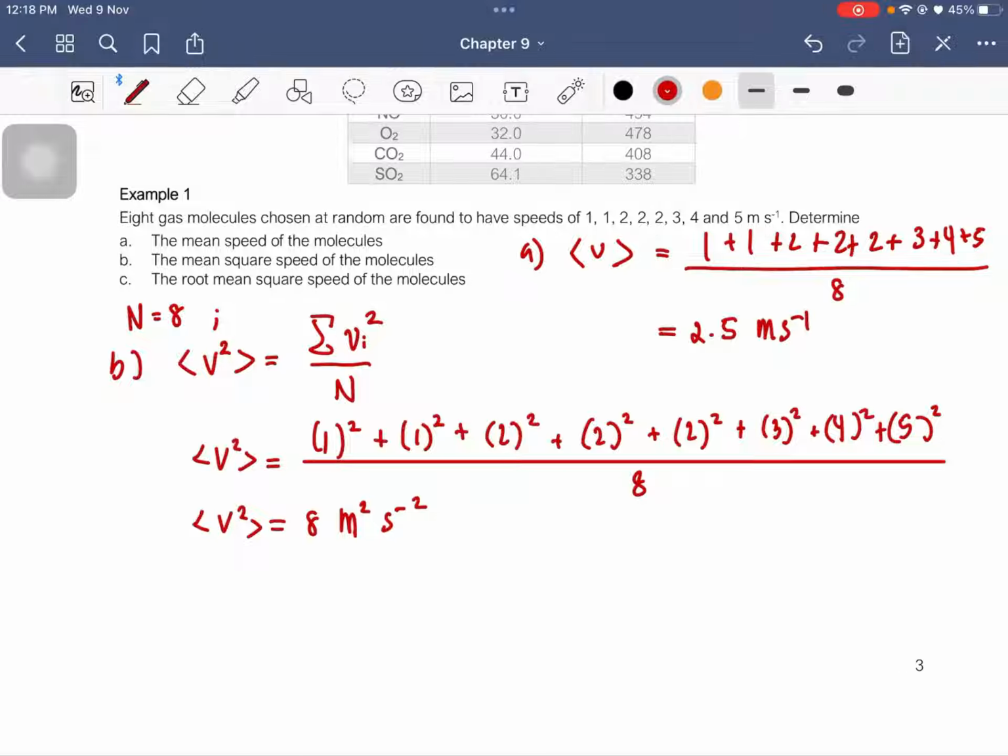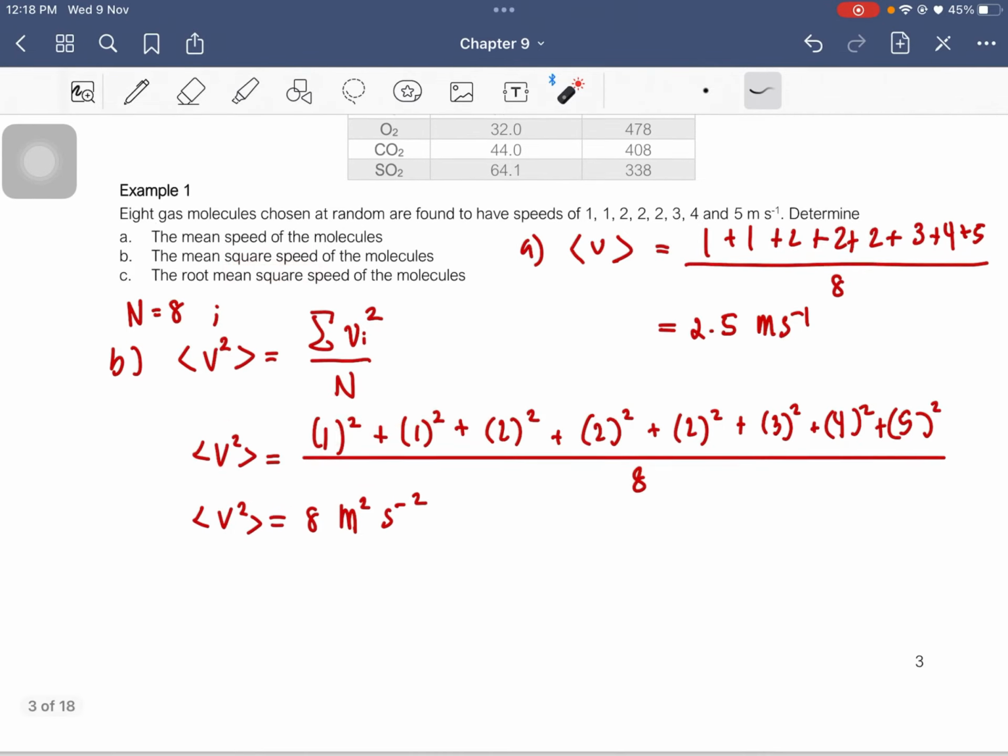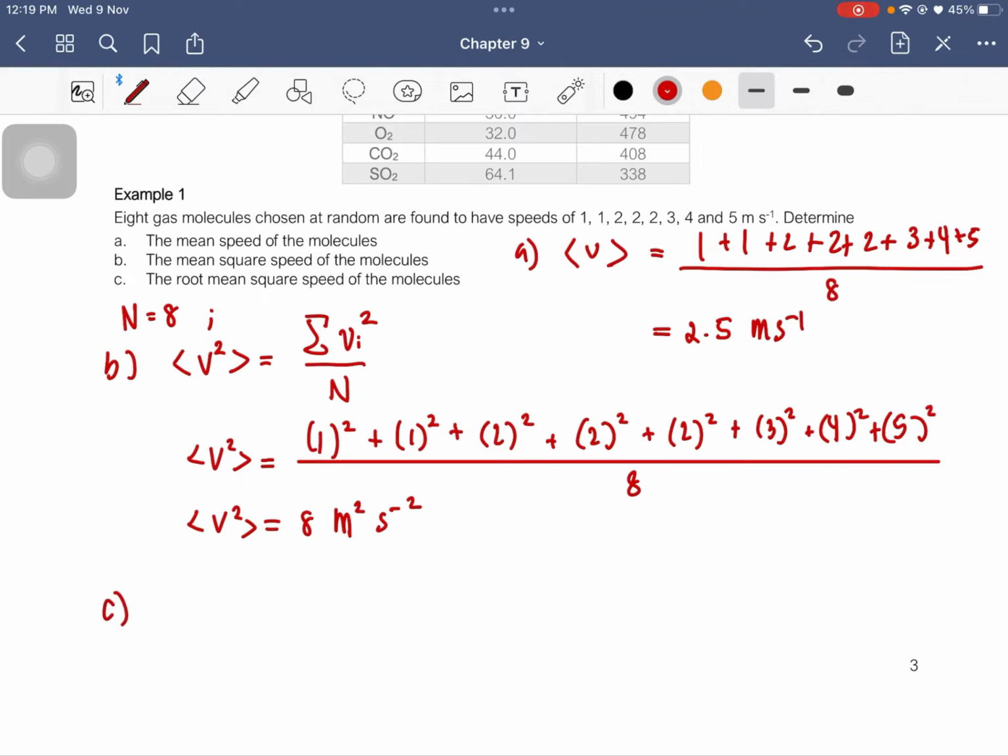Otherwise just now we would square it. Sorry, yes, no square. Okay, so that is the mean speed. Mean means its average speed. Then it asks us for the mean square speed. So this is the mean square speed. And then the root mean square speed is RMS.